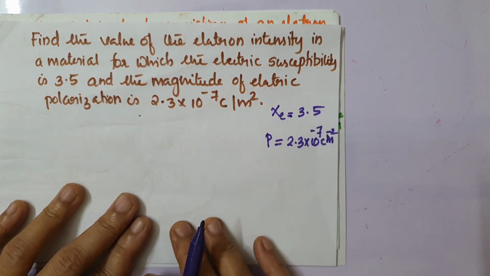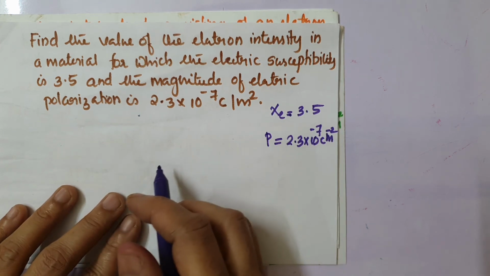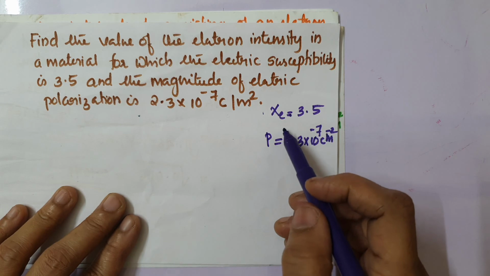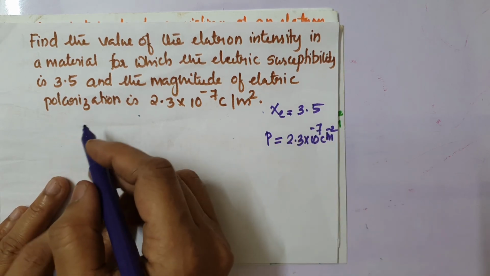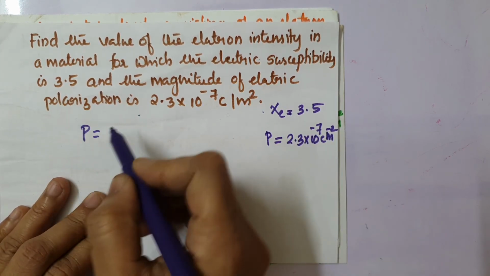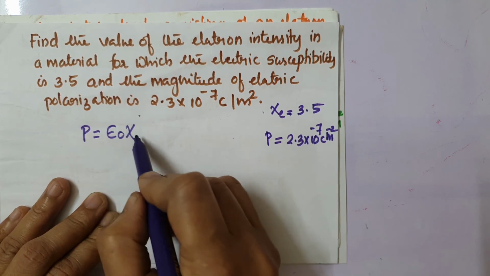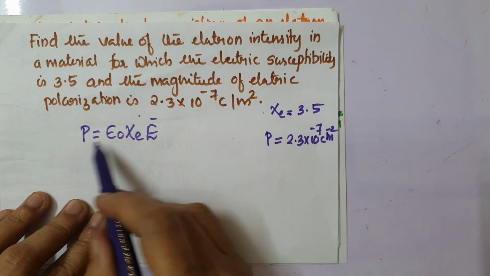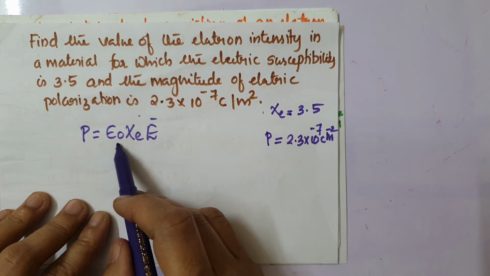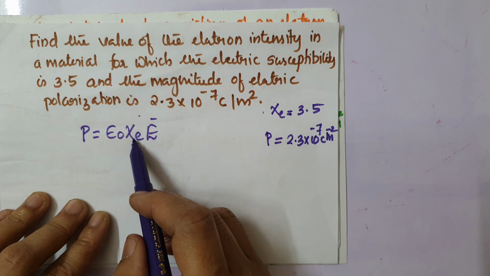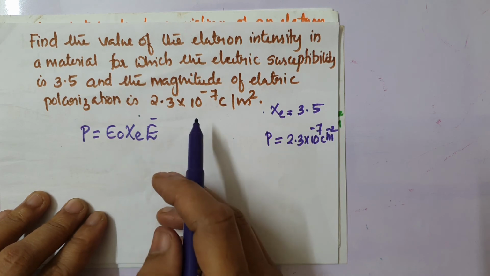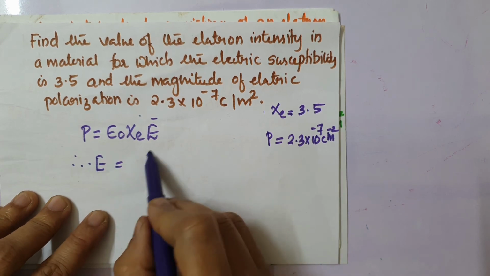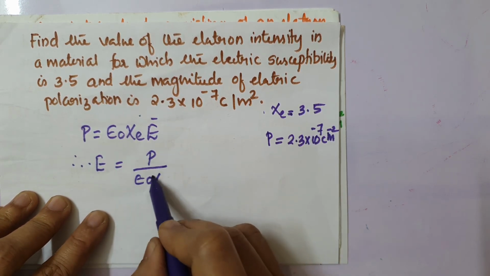And we have studied the equation relating the electric susceptibility, the polarization and the electric field, that is the polarization is equal to epsilon 0 chi E, where P is the polarization, epsilon 0 is the permittivity of free space, chi is the electric susceptibility and E is the electric field. So here we have to find out E is equal to P divided by epsilon 0 chi.